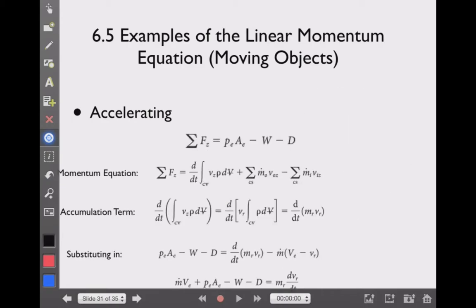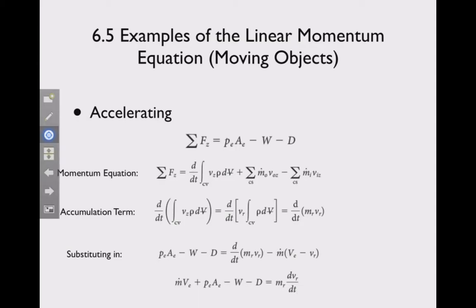So if we start to try to write down our momentum equation, which we have up here, we look at the sum of our forces. This is the left-hand side, the Lagrangian point of view, and it is going to equal the momentum accumulation term, plus the outflow minus inflow. And we know that the inflow term is zero.